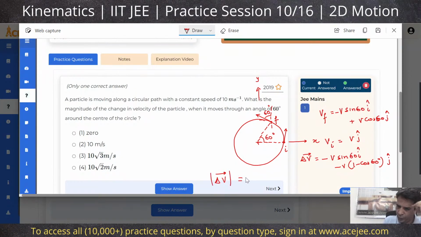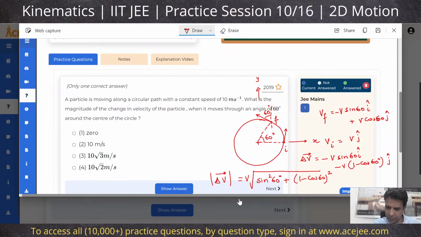Baby, beta, is this how you're approaching it? Yes, sir. Okay. 1 by 2, so this is 1 by 4, and this is 1 by 4, so that is 1 by... You had 10 meters per second.